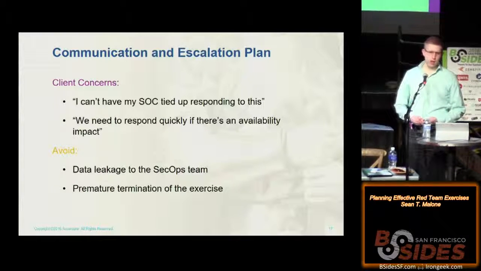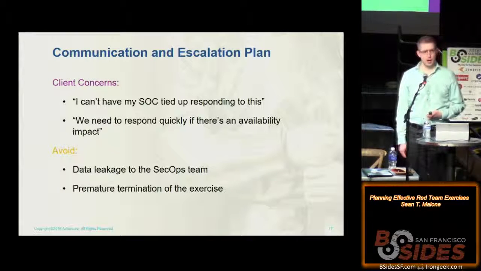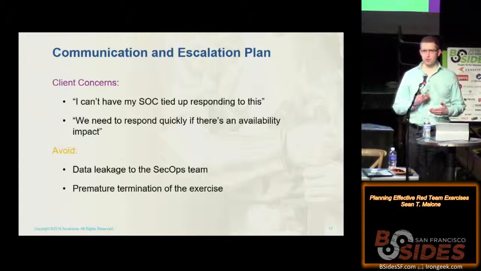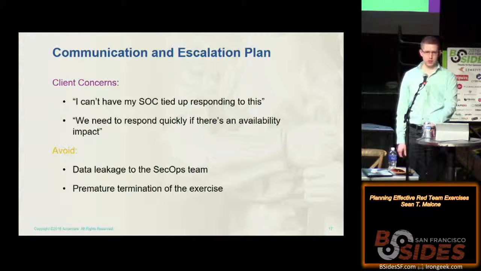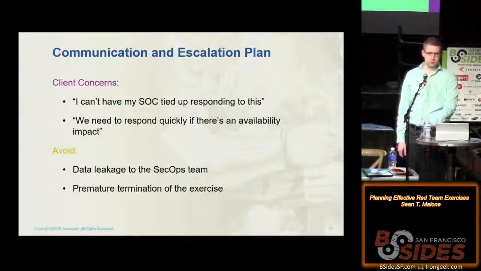Because what's normally happened is by that point we've moved on to other systems in the organization. And we have multiple back doors, multiple command and control channels into the environment, and we want to let that response run its course. If the security operations team declares success, declares eradication of our red team access into the environment, but we still have access to one or more systems, there's something wrong.